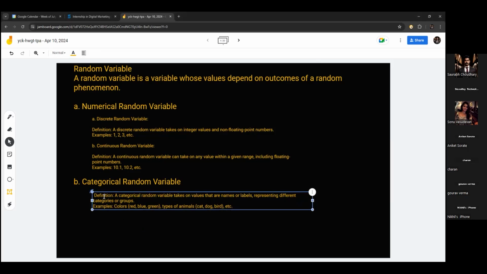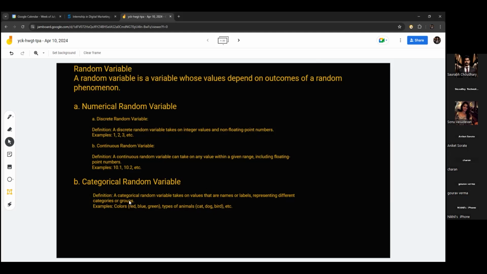Definition: a categorical random variable takes on values that are names or labels representing different categories or groups, like red, blue, green, or types of animal: cat, dog, bird.